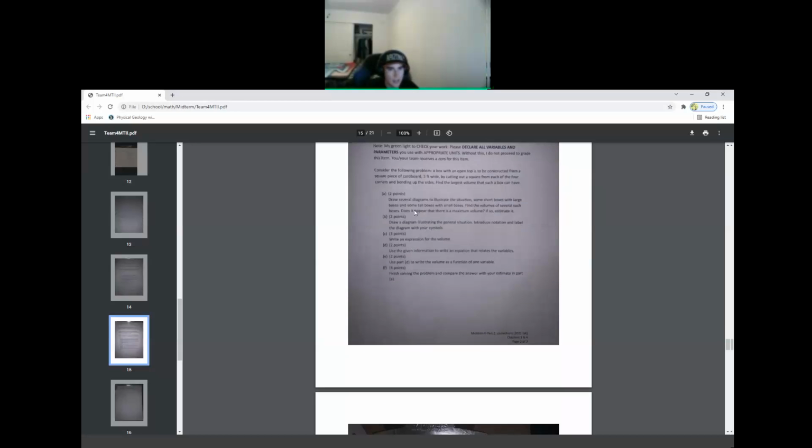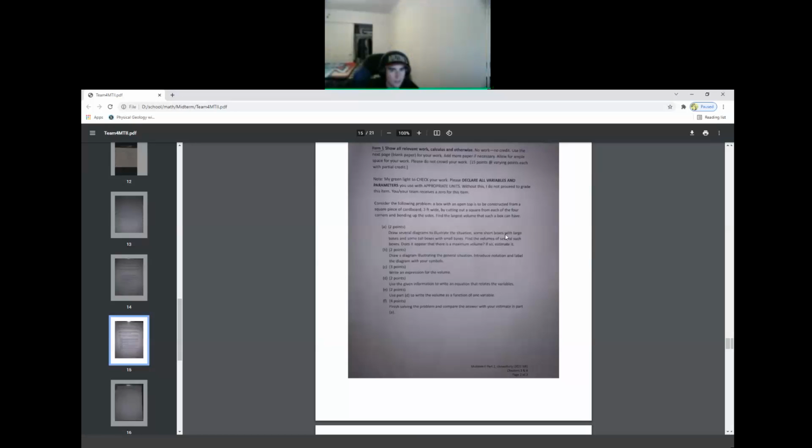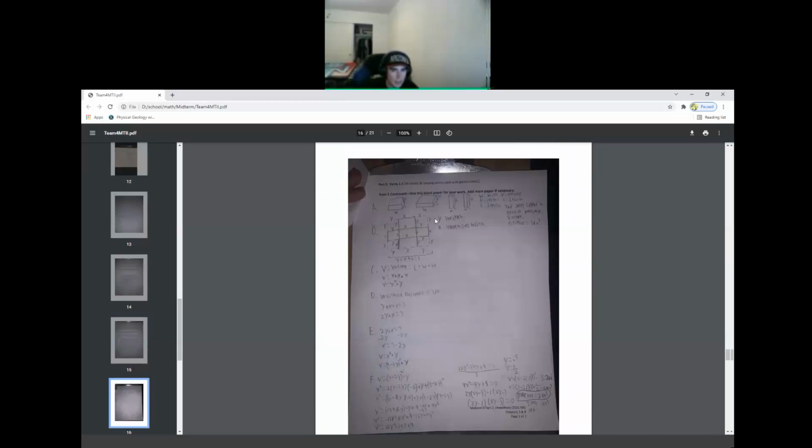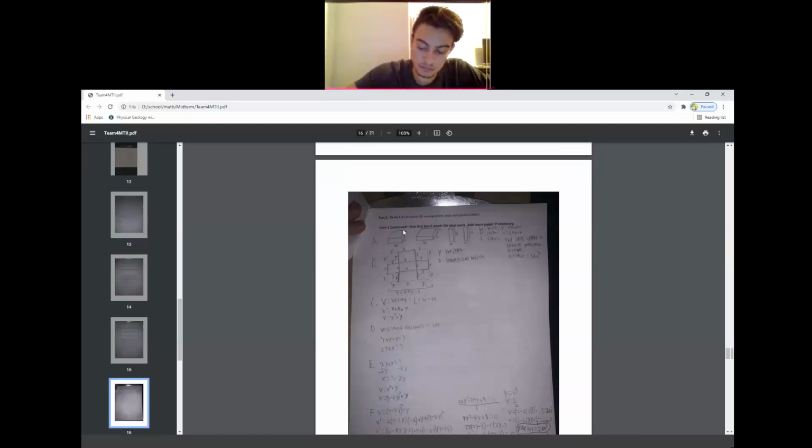So A tells me to draw several diagrams to illustrate this situation. Some short boxes with some large bases and some tall boxes with small bases. Find the volume of several boxes. Does it appear that there's a maximum volume? If so, estimate it. So what I did was draw each box.